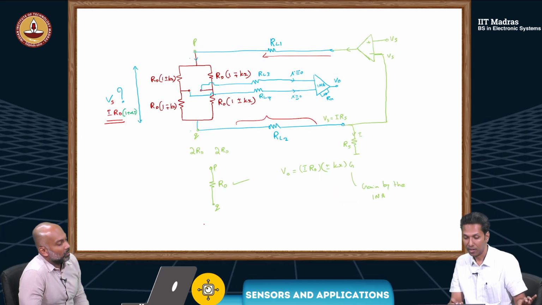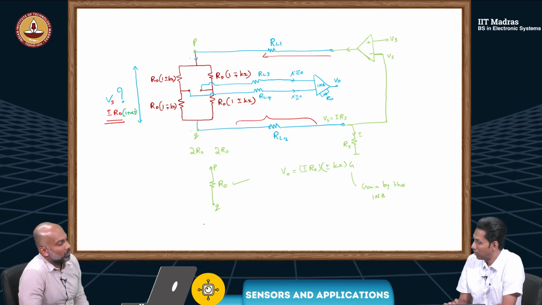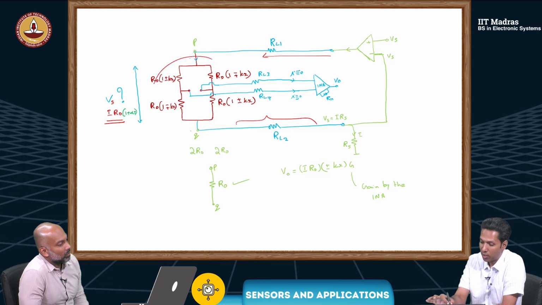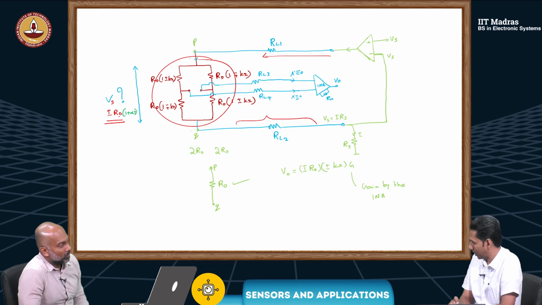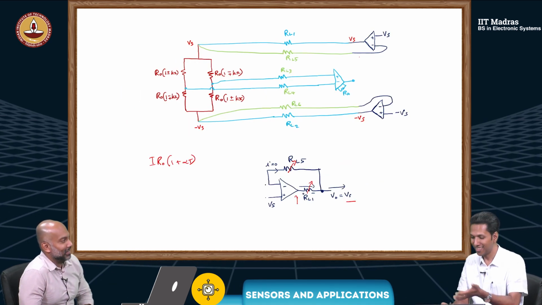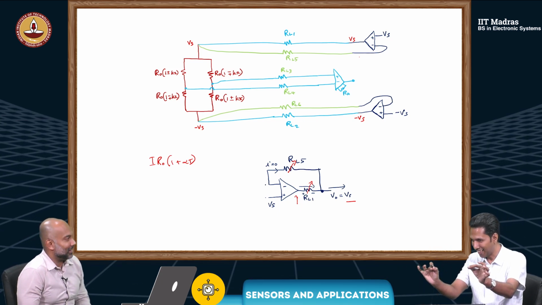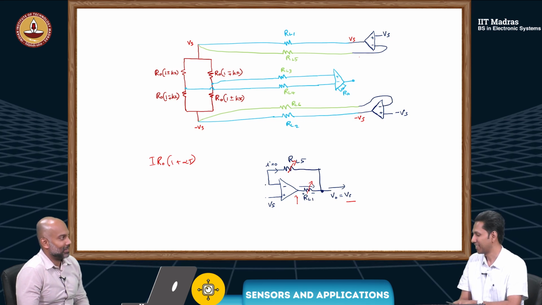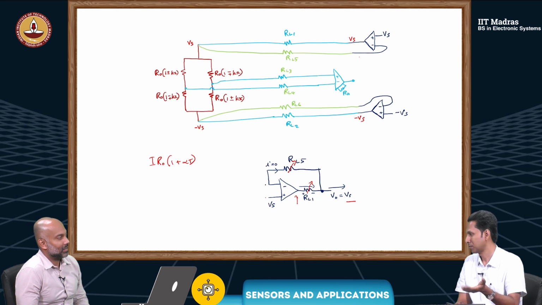In the earlier scheme, the bridge voltage was derived from I into equivalent resistance of this. That is how this R naught came into the picture. In this, we are ensuring that this much voltage is there across the bridge. It is not by injecting current.